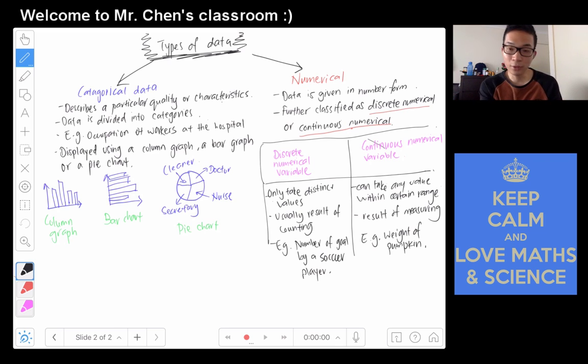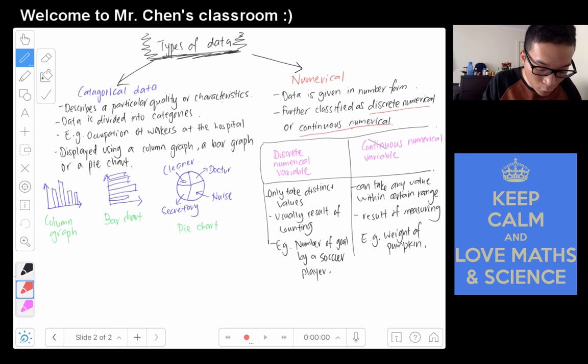So if you are collecting categorical data, it is data that has quality or characteristics. Okay, and it is when the data is divided into categories. For example, here I provide you is occupation of worker at hospitals.